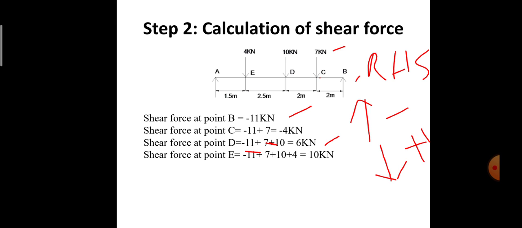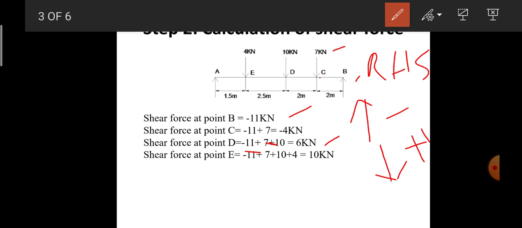So next is point E. Previous to point E I have 3 points, D, C and B. At D and C we have 10 and 7 kilonewton forces acting in the downward direction, and at B we have 11 kilonewton of force acting in the upward direction.